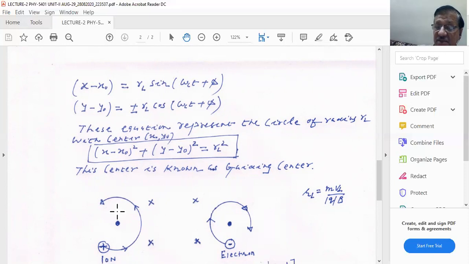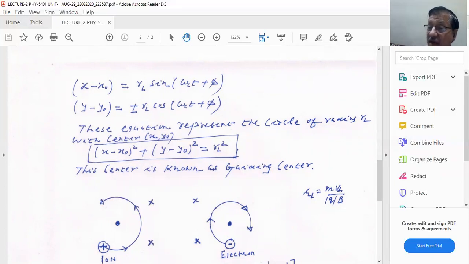I have marked the direction of the magnetic field with a cross, not a dot. So you have to consider that your magnetic field is along the z direction, but going into the plane of the paper. It is not coming out of the plane.